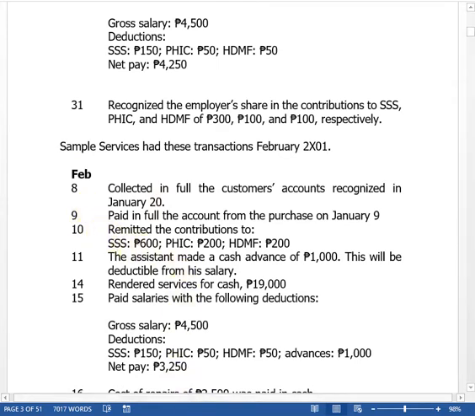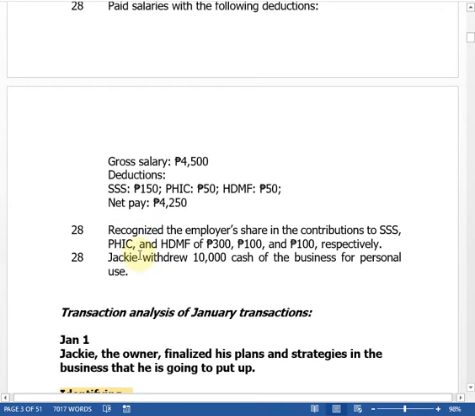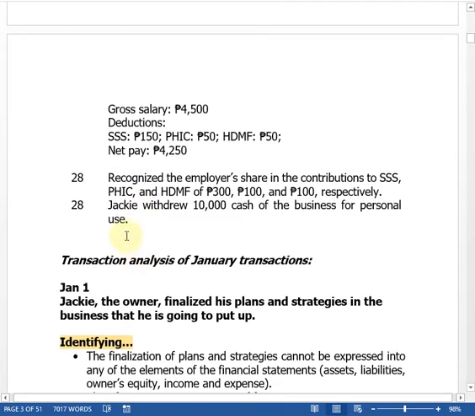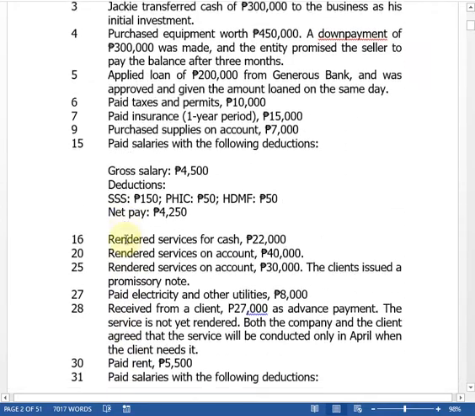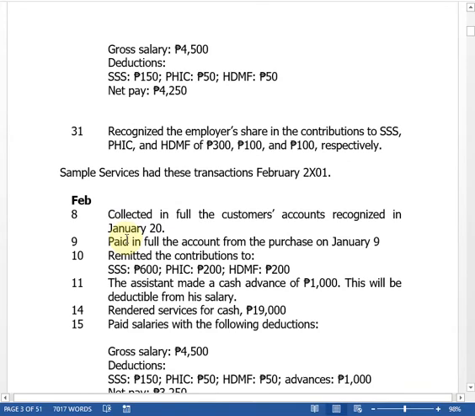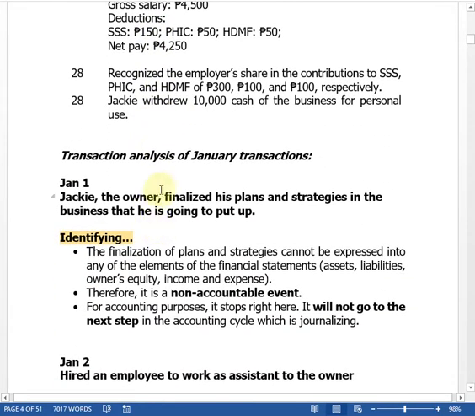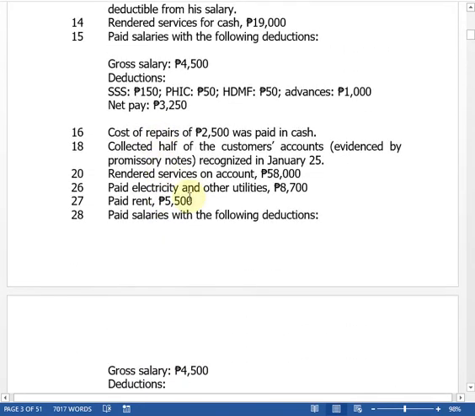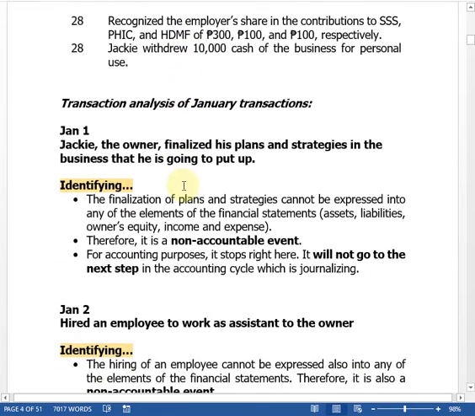We also have the transactions for February, up to the end of the month, February 28. All of them are the transactions of this company, and we are going to use them for our discussion on journal entries. So we have those as the summary of the transactions, and now we'll take them up one by one.